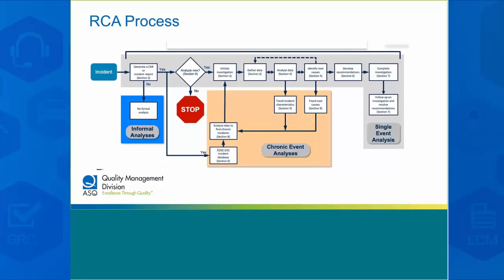If we've had some type of massive quality failure with tons of product that's been shipped out that's contaminated, I'm going to expect that we're going to spend a lot of time on that. We might have a very large team. We might spend a week or a month analyzing it.